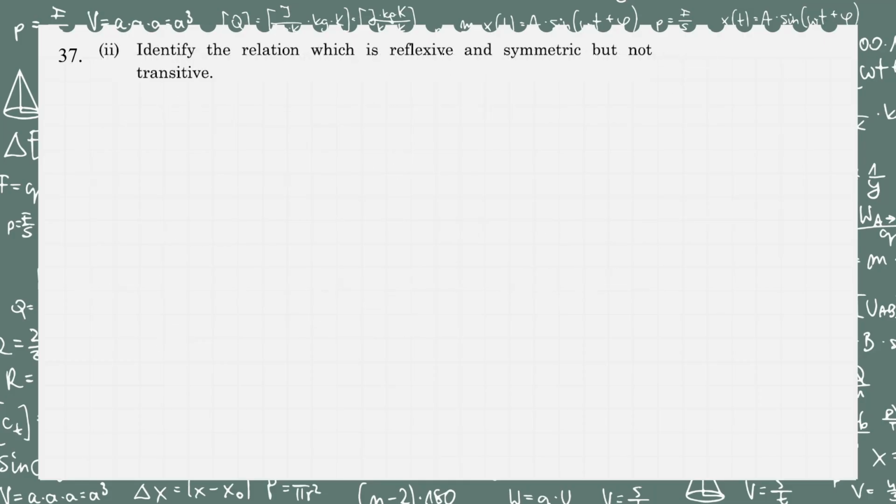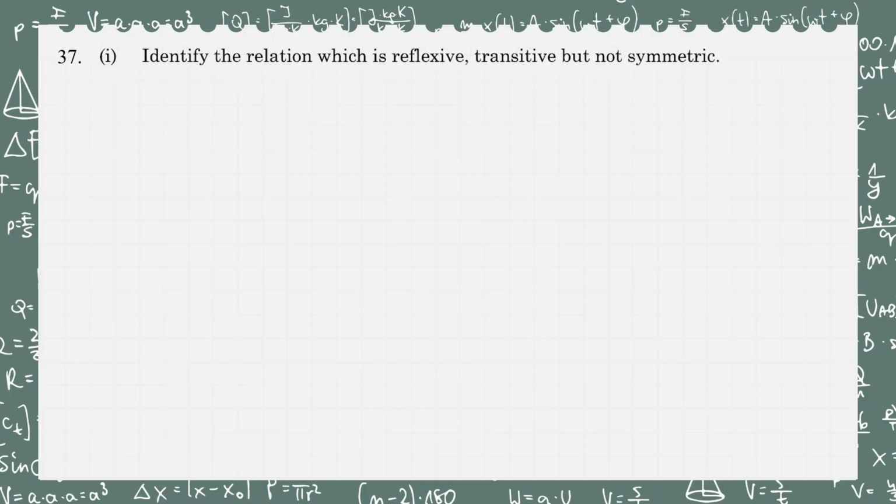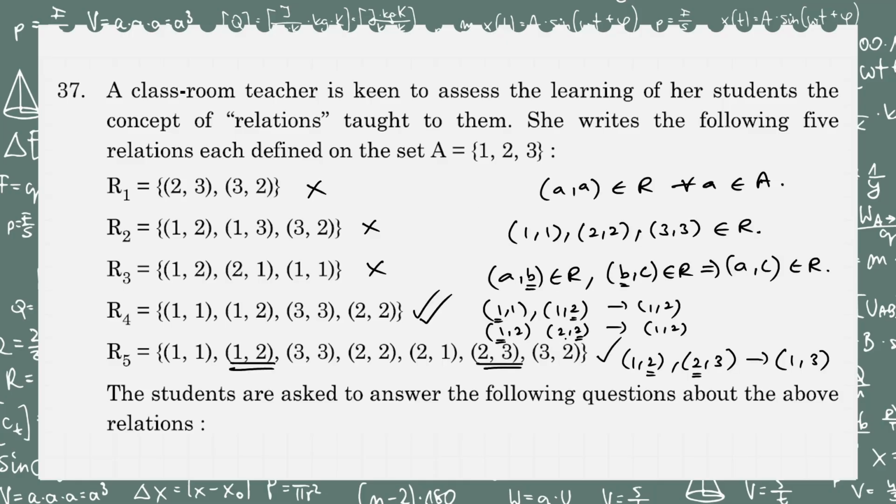Identify the relation which is reflexive and symmetric but not transitive. That is our R5. Let's see how. We have already seen that R5 obeys reflexive property. Now if you see symmetric property, 2 comma 1 is there and 1 comma 2 is also there.